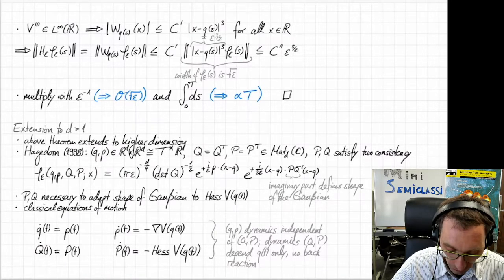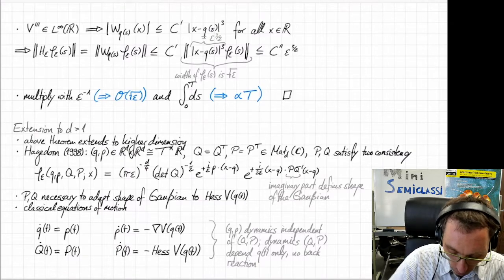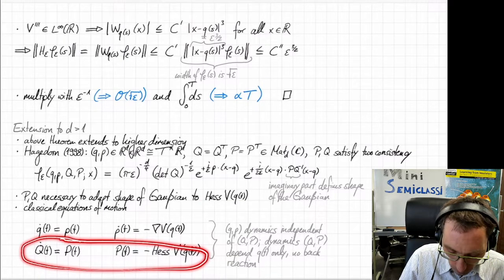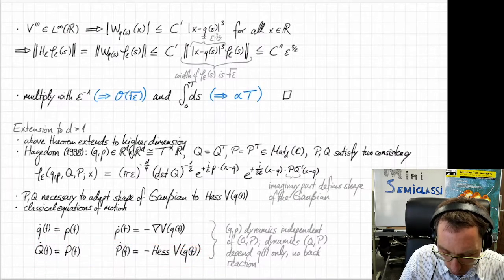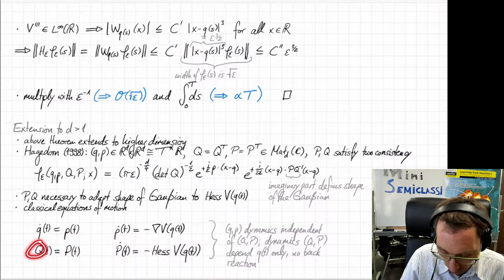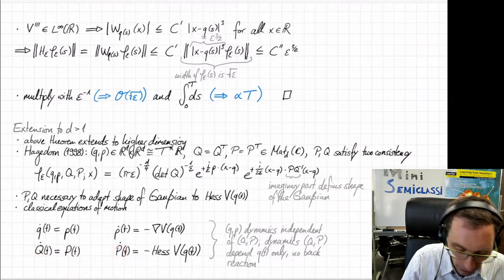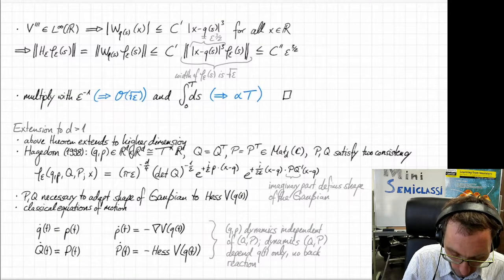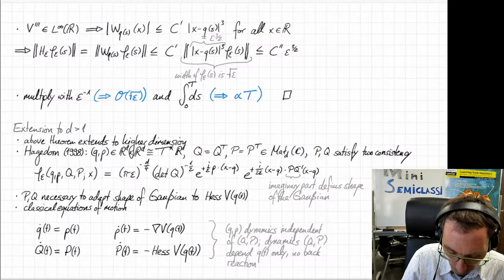And in this sense, if you want to have a semi-classical picture, you can sort of forget about those and think of capital Q and capital P as instantaneously adjusting to the potential at position q of t.